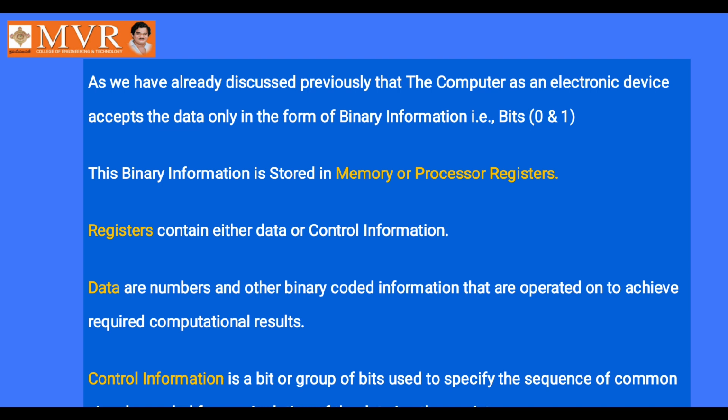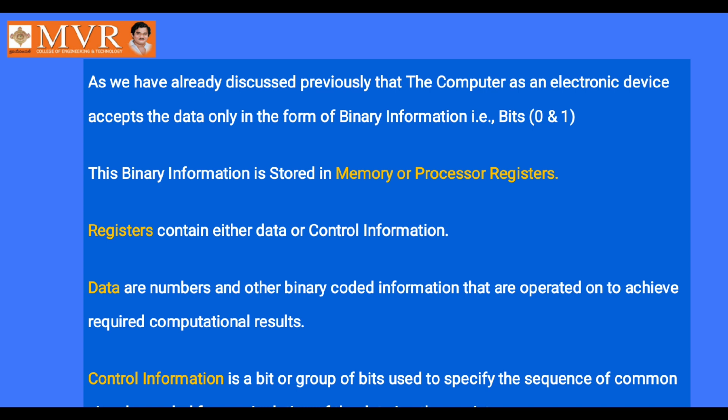I told you there are some temporary registers available with the CPU for performing middle operations. So whatever binary information is received from the input is stored in the memory or processor registers. These registers contain, along with the data, some controlling information also. That controlling information is generated or issued by the control unit. We don't bother about that concept now, because we are discussing purely the data.